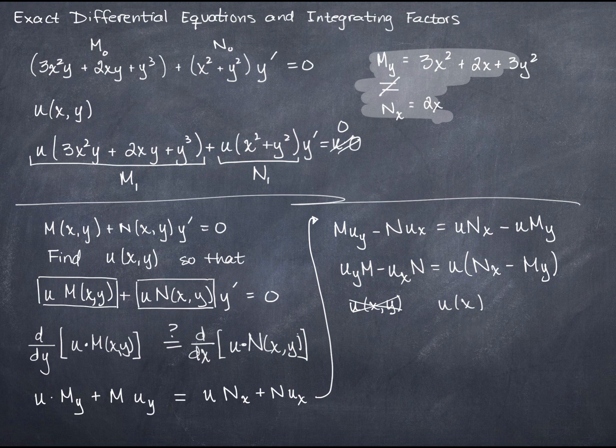And what that lets me do is rewrite this equation as negative u sub x times n equals u times n sub x minus m sub y. And if I divide both sides of this equation by negative n, I get the partial derivative of u with respect to x is equal to negative n sub x minus m sub y all over n times my function u.